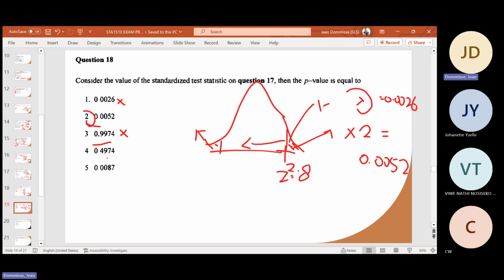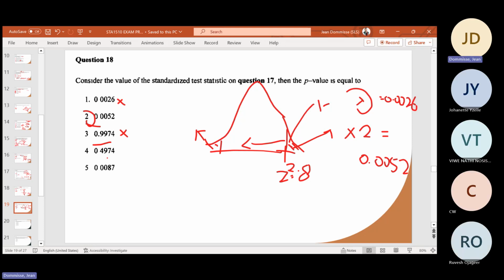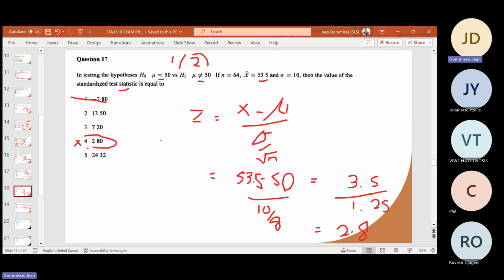Are you guys happy with that? Is that clear on your side? I think, again, that's why it's important. I remember I asked nearly at the beginning of the question, 1 or 2 tail.